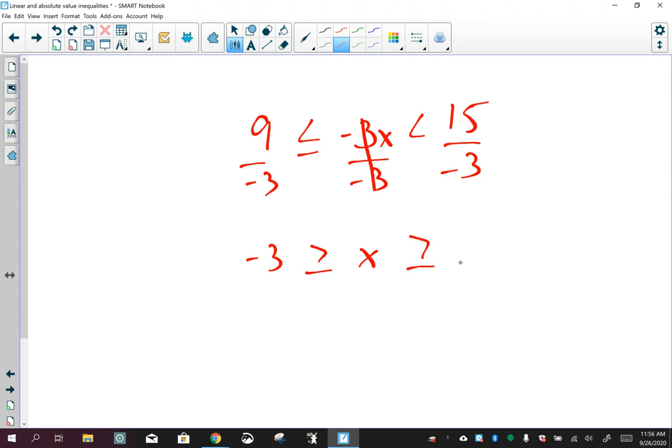and then you wind up with having to separate this stuff out, because I've got negative 3 is greater than or equal to x, and then I have x is greater than or equal to negative 5. And so if negative 3 is greater than x, but it's also greater than or equal to 5, I have this really weird wonky way. And so you have an either or on this piece here.